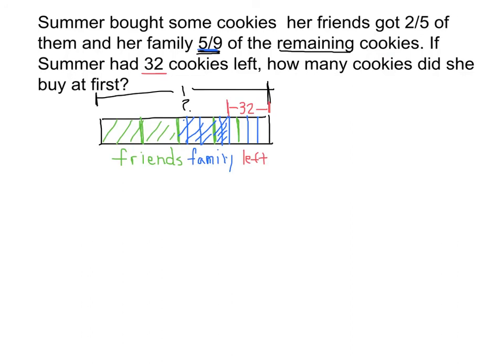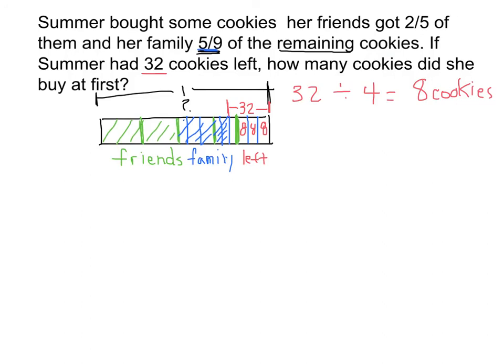So 32 is actually split into 4 equal parts, which means there are 8 cookies in each one of those parts. So I can think about this part being 8, this part is 8 cookies, and this part is 8 cookies. Now I'm going to stop for a minute because I've hit that 1/5 of my whole amount.